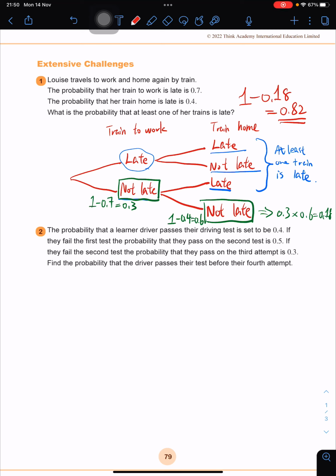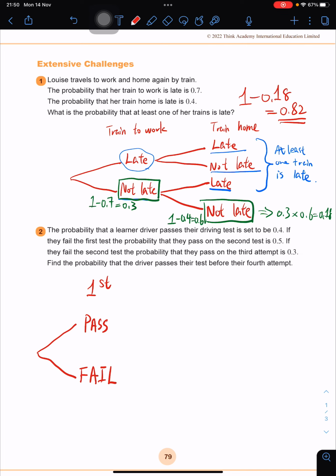This one is slightly harder than the previous one, because if the driver passes, the driver doesn't have to take any more tests. So the tree can be drawn like this. For the first attempt, it's either pass or fail. But after the pass, we don't need to move on to the second one.